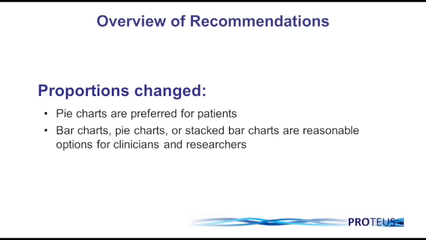For clinicians and researchers, bar charts, pie charts, or stacked bar charts are all seen to be reasonable display options. We do note that the evidence supporting these recommendations is based on showing 2 pie charts, one for each treatment, with only 3 slices per pie chart. Showing more than 2 pie charts or showing more than 3 slices per pie might be more difficult to interpret.